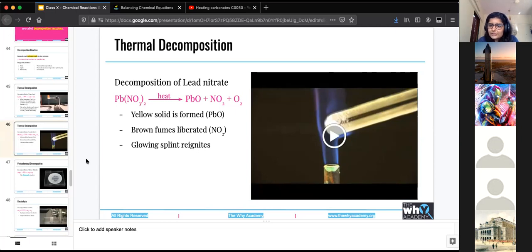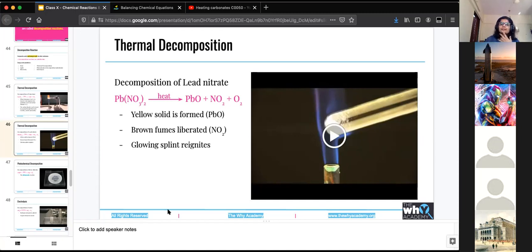Vasudha, check the number of oxygens. Ma'am, I'm not getting how to balance it right now. Jasmine, check the number of nitrogens. That part is not balanced. Bhavika got it correct.